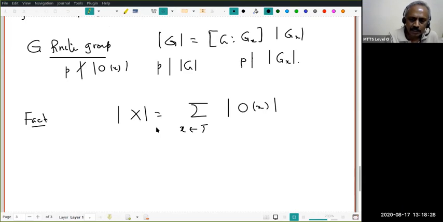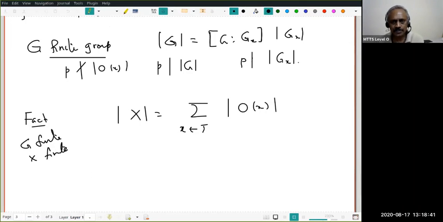Assume that I want to count the number of elements in X. X is finite, again we are assuming X is finite, G is finite, and so on, because hereafter most of the cases we will be working with finite groups acting on a finite set, because we want to look at arithmetic properties of numbers, some divisibility. Now notice that the number of elements in the transversal has to be finite again because X is finite. Therefore, the number of T will be finite.